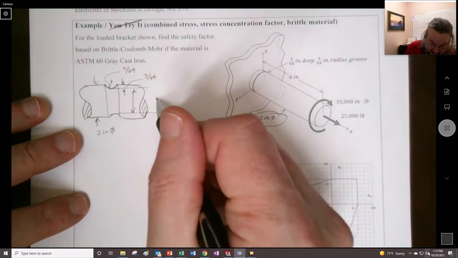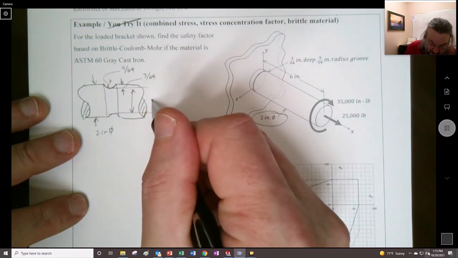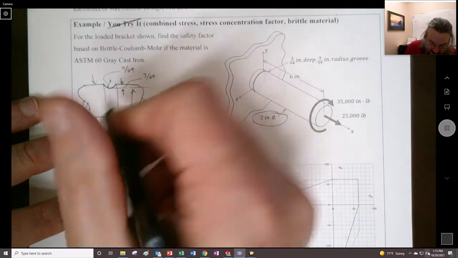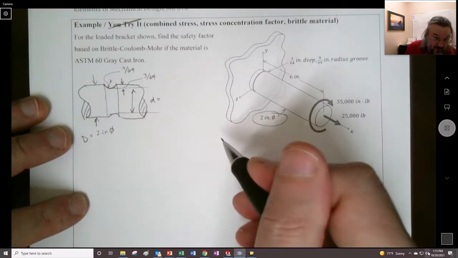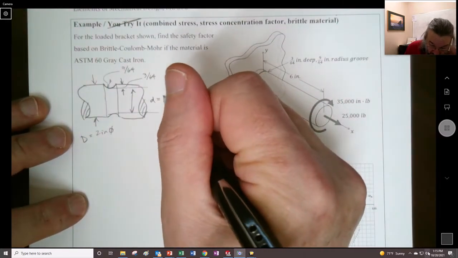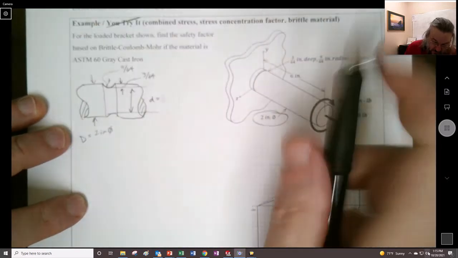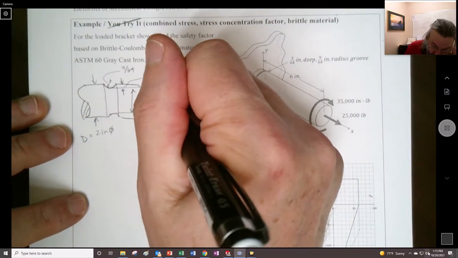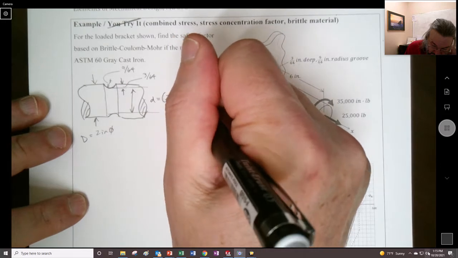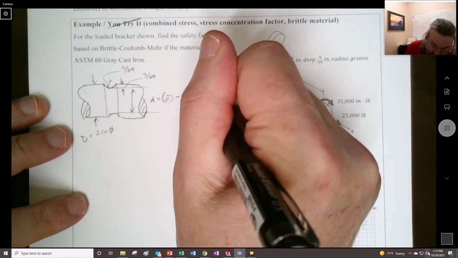So that means that this diameter right here, which we'll probably call little d, this is big D right there. I'll just go right and use the numbers. It's going to be 2 minus 2 times 3/64.